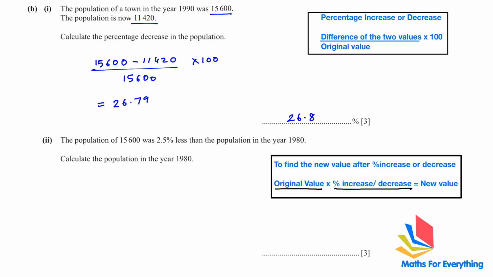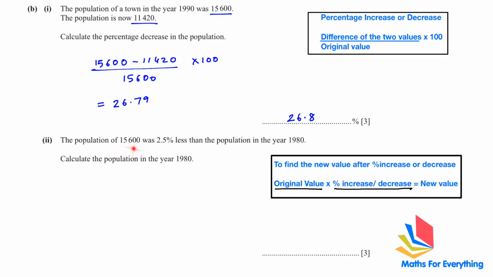To find the new value after a percentage increase or decrease, this is the formula we use. Original value multiplied by the percentage increase or decrease is the new value. We have the new value, but we have to find the original value, so we are still going to use this formula.